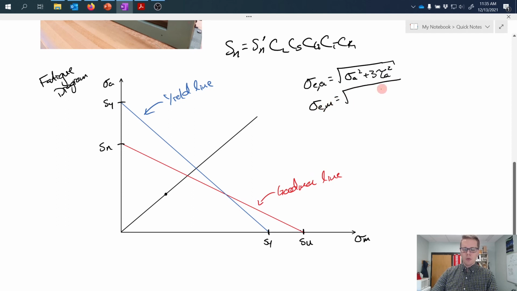And we can do a similar thing for the equivalent mean stress, applying this equation as shown.